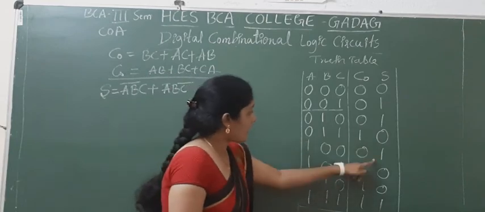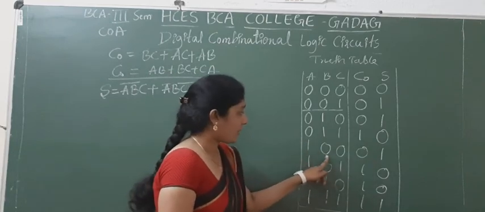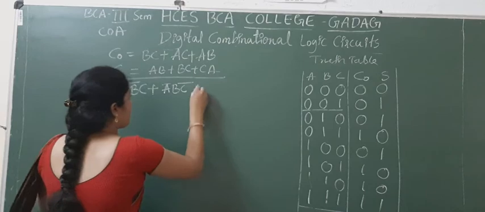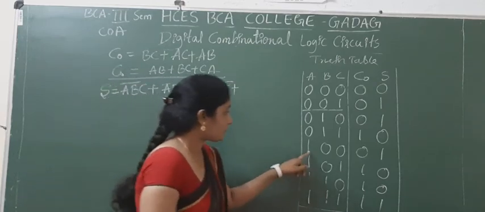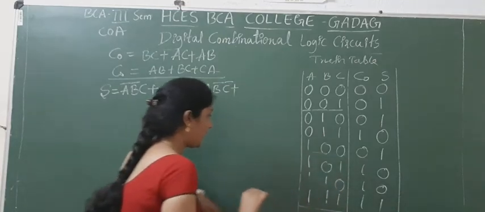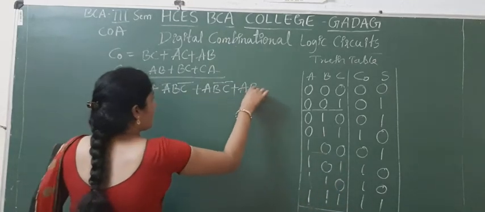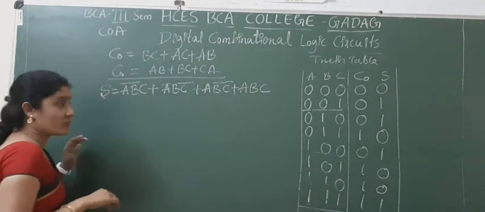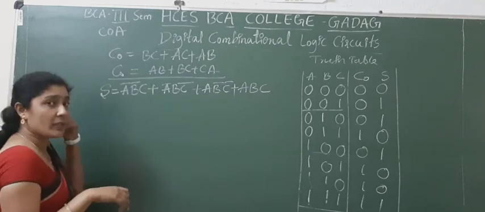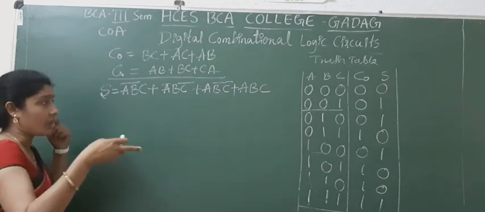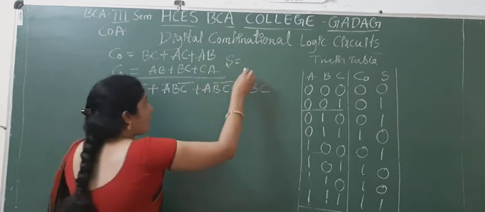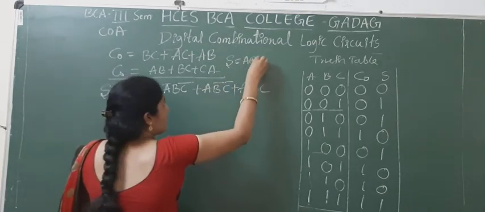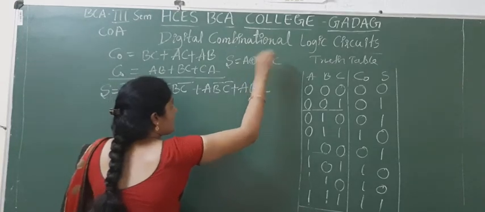Okay. Next A, B bar, C bar. Next, the last one, that is A, B, C. Okay. Now we have to simplify this in order to get our output. What is output actually, which I wrote before? That is A XOR B XOR C.